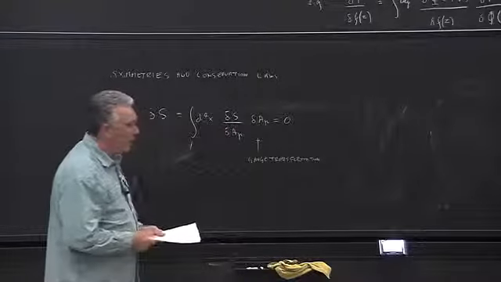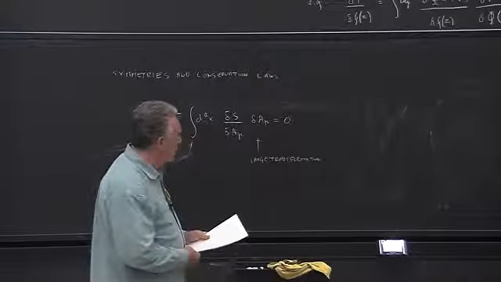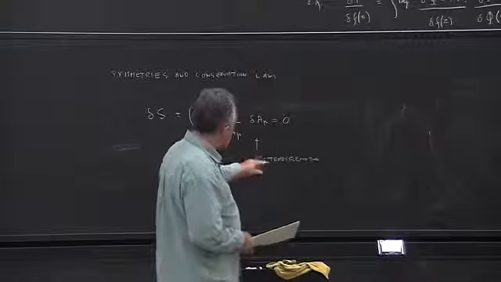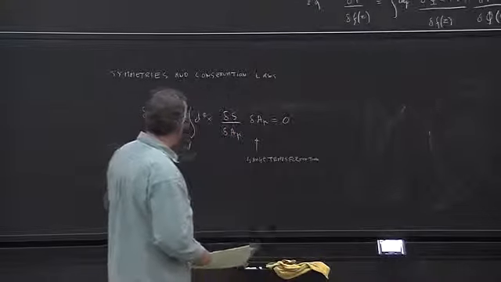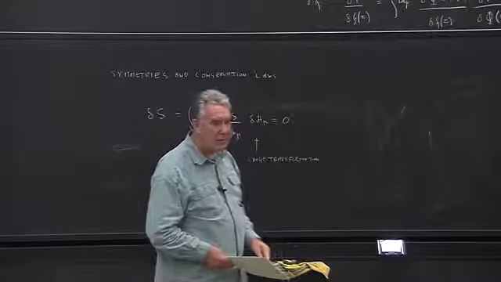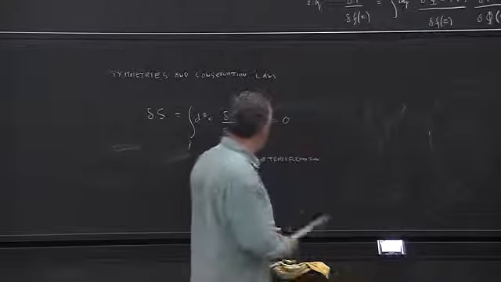So I'm not looking at arbitrary variations now. I'm looking at gauge transformations. And this statement says my action is gauge invariant if I put it equal to 0.